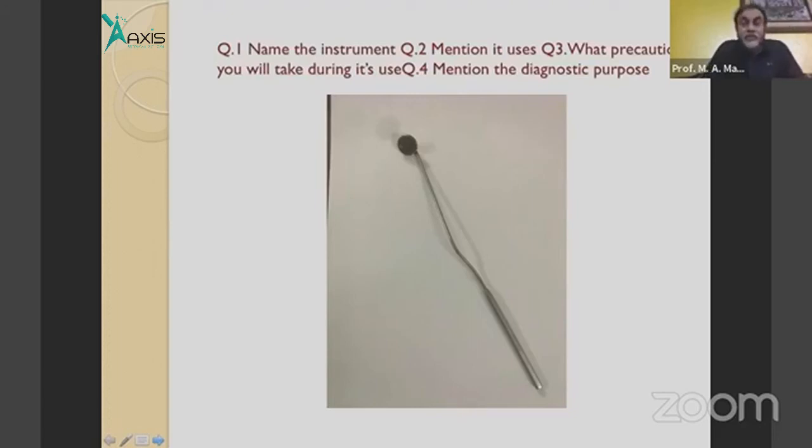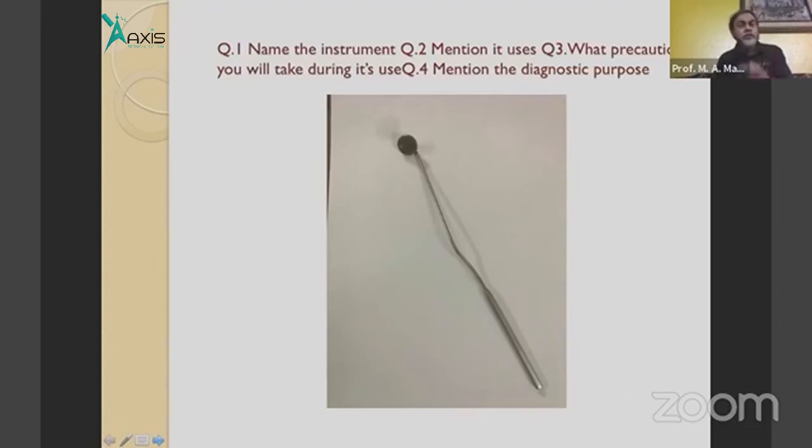Now, what precautions will you take during its use? That means how you use this one. As you know, it's a mirror, so we have to heat it with a spirit lamp and then touch it to the back of the hand, so it is not too hot to burn your hand, number one. Number two, it's not too hot to burn the patient's throat. Then gently depress the anterior third of the tongue with your tongue depressor.